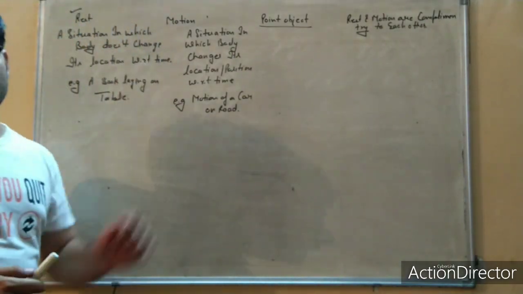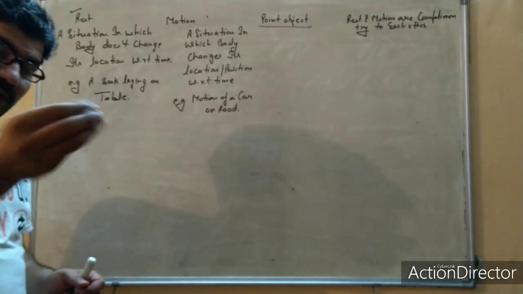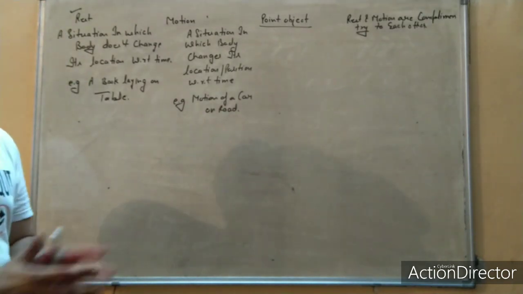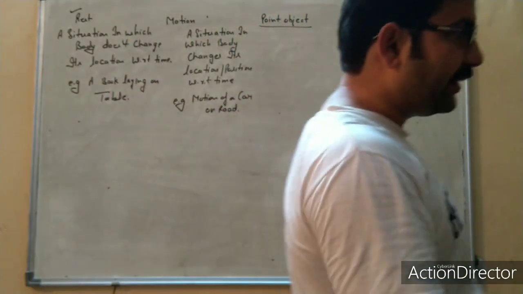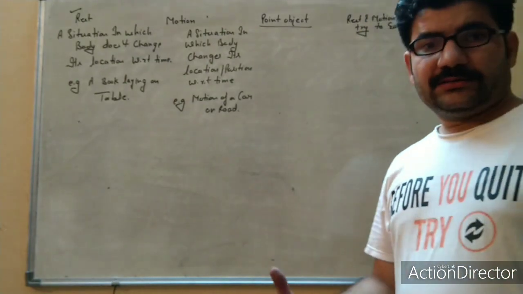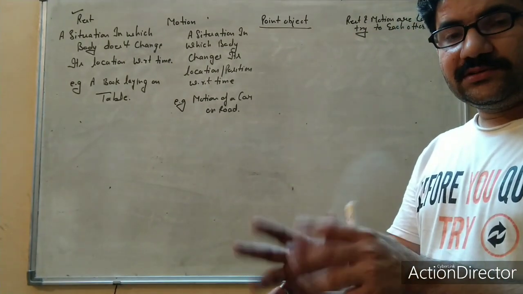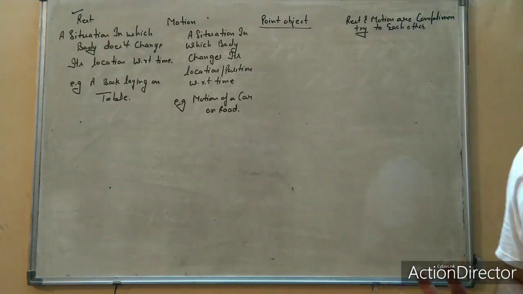Listen, very important definition. In our nature, any object, any body may behave like a point object if that body or object covers a distance greater than its common size.